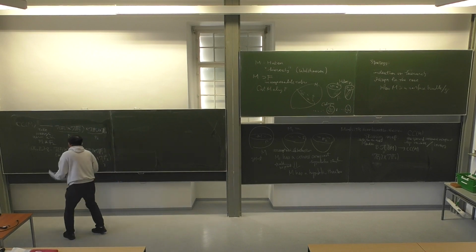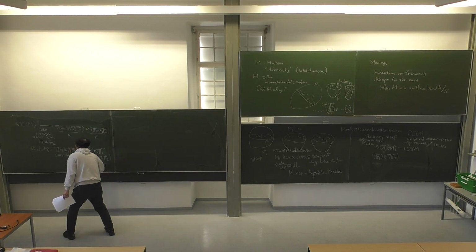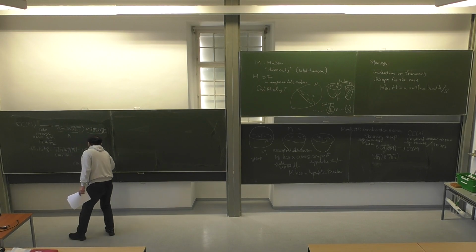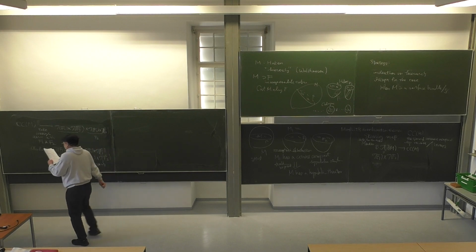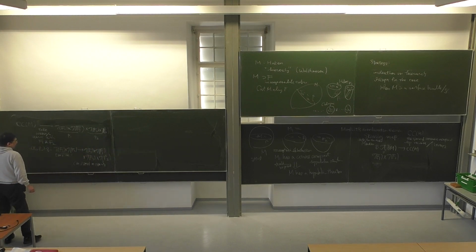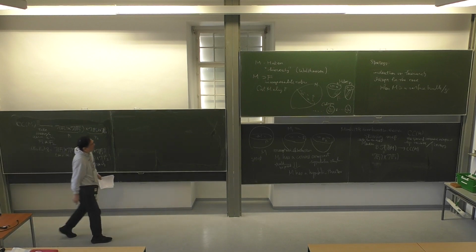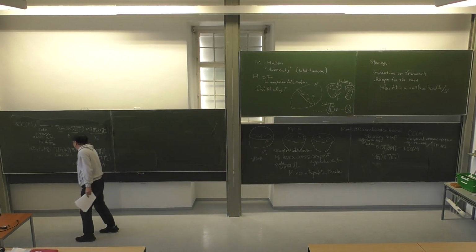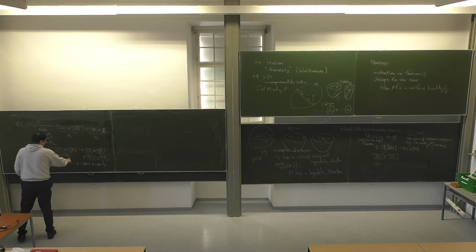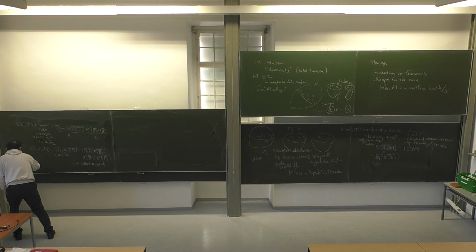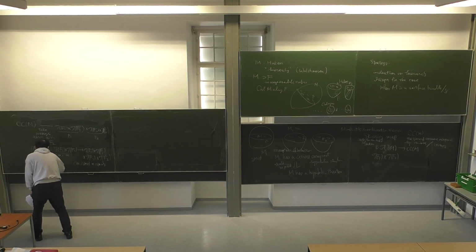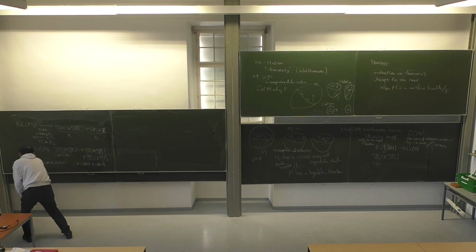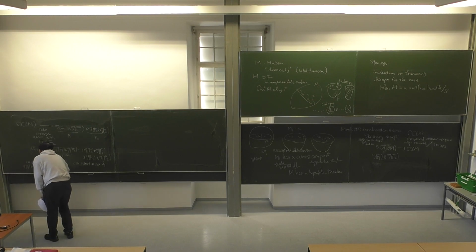So I should write it like sigma 1 of M, N, and sigma 2 of M, N. In this case, actually, the N doesn't contribute here, but anyway, it's just a function of M and N in general. So taking Mn to sigma of Mn, this is a map from TF1 times TF2 to TF1 bar times TF2 bar.